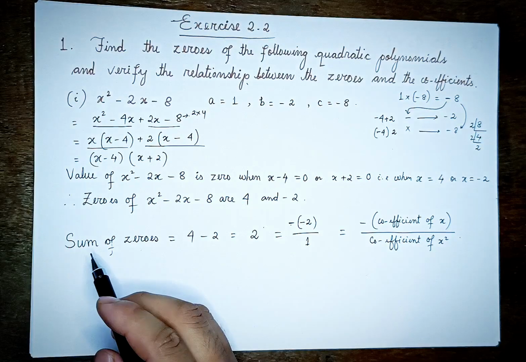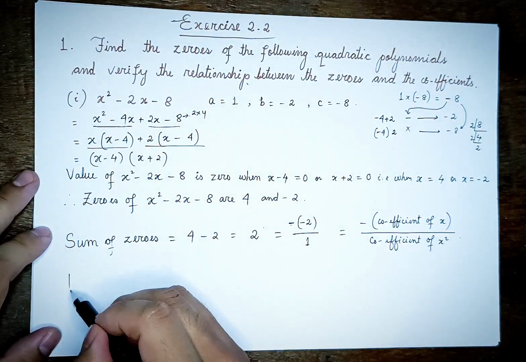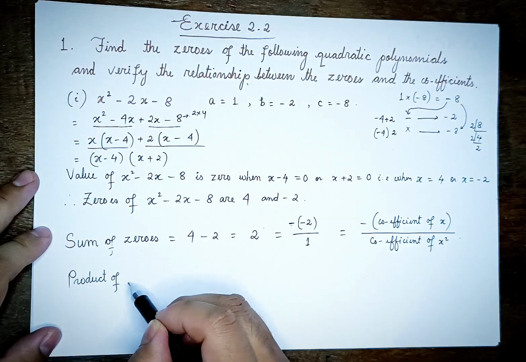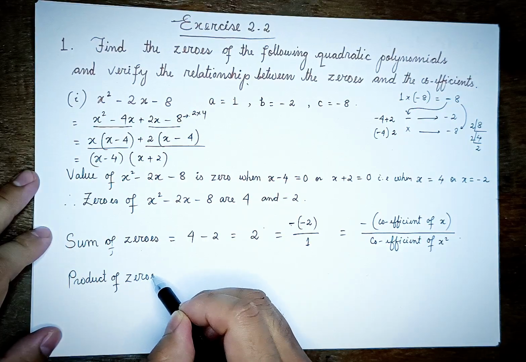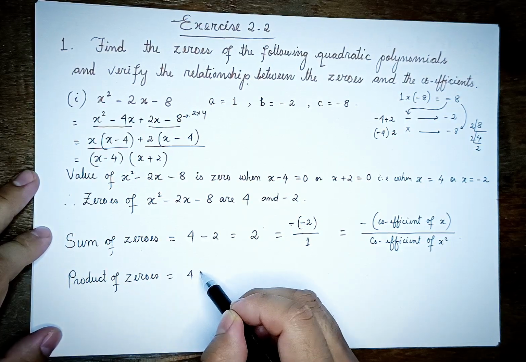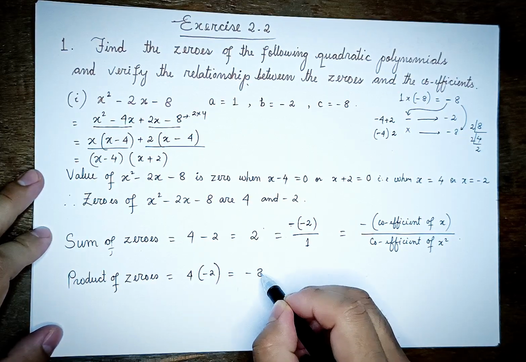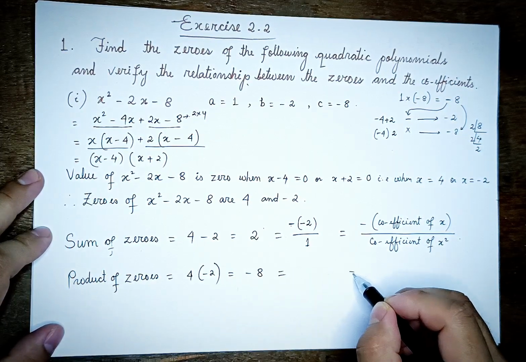And next, let's verify the product of zeros. Product of zeros is equal to 4 into minus 2, which gives minus 8. Leave a blank here.